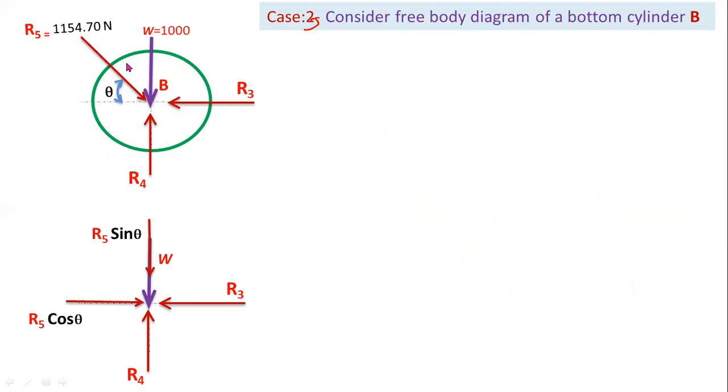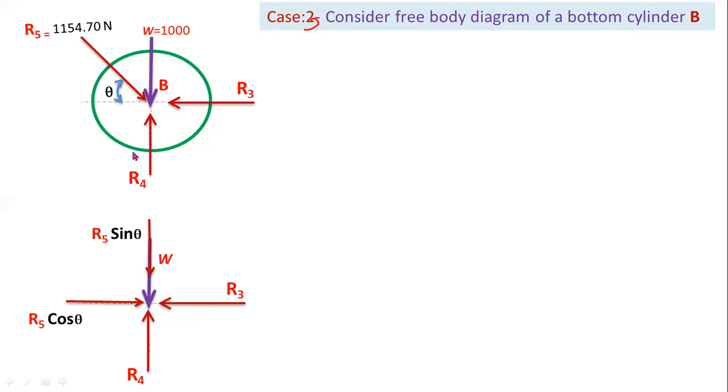Now you have to convert this inclined force R5 into horizontal and vertical components. This reaction force R5 lies in the second quadrant. So this reaction force R5 makes an angle theta with respect to horizontal. So for adjacent sides you have to consider cos theta, so R5 cos theta.